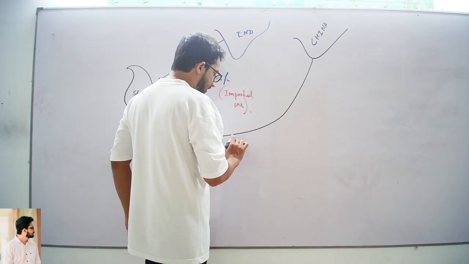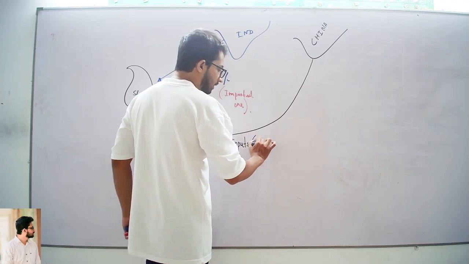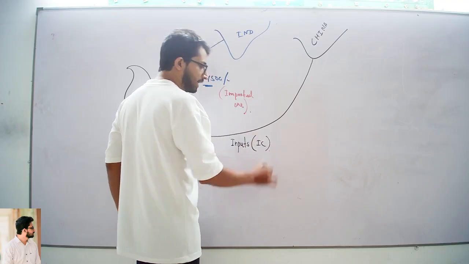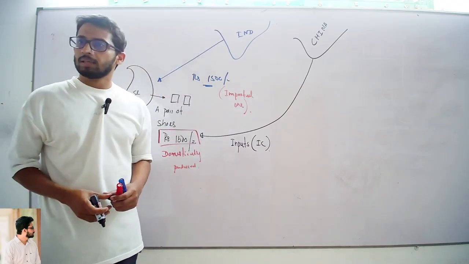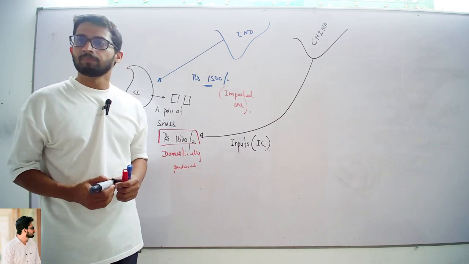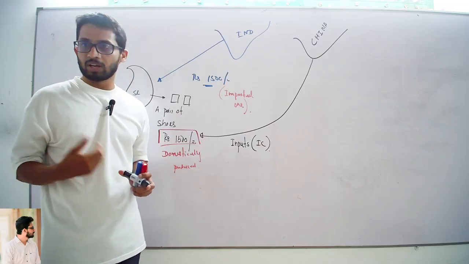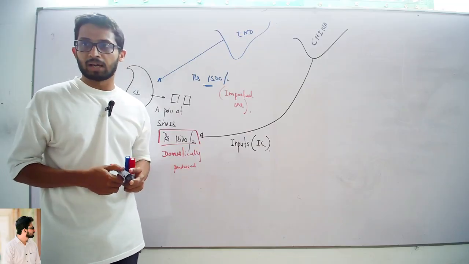We can say inputs, or intermediary consumption, intermediate goods purchased from another country to produce a pair of shoes in Sri Lanka.